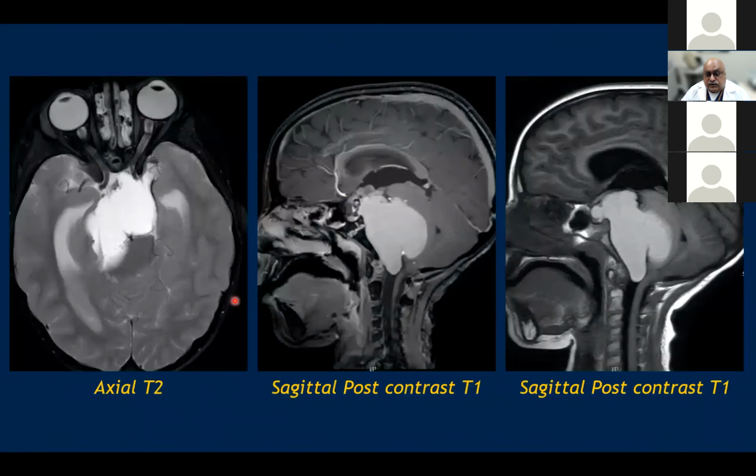The second case was a typical case which had shown on the pre-contrast and post-contrast images. I'm sorry, this is a pre-contrast image which shows this T1 hyperintense material in this large lesion, which is actually having both sellar as well as retrosellar component.